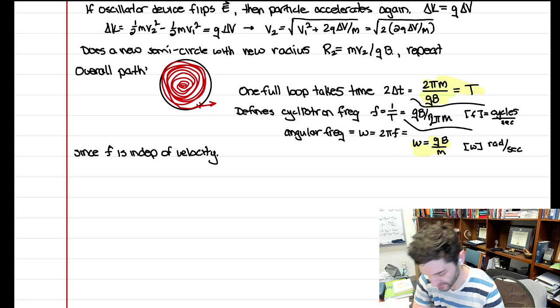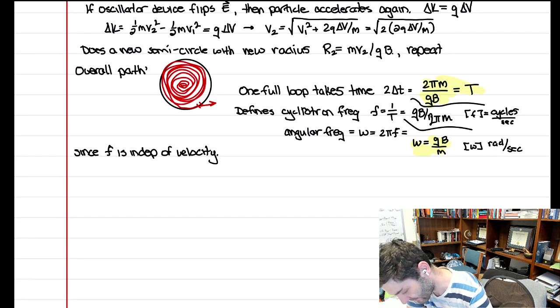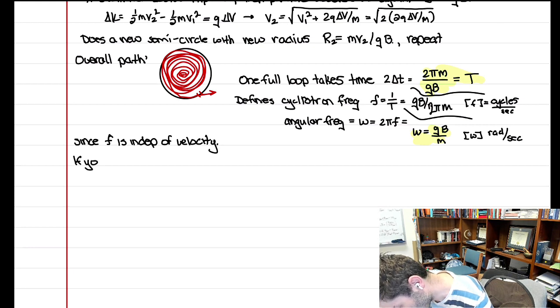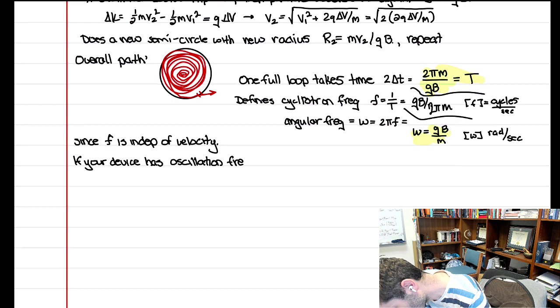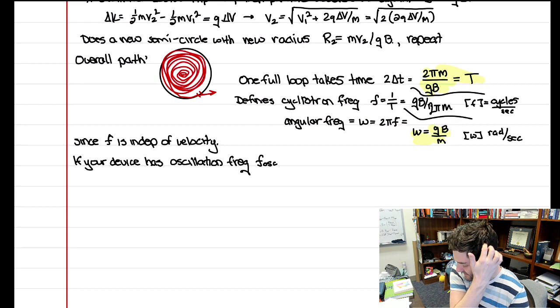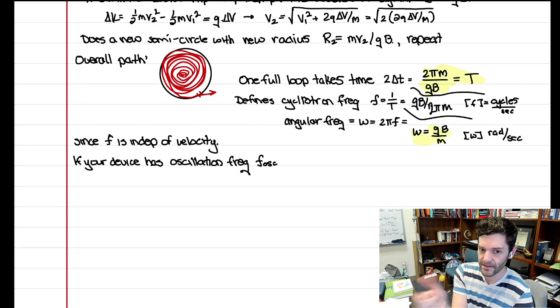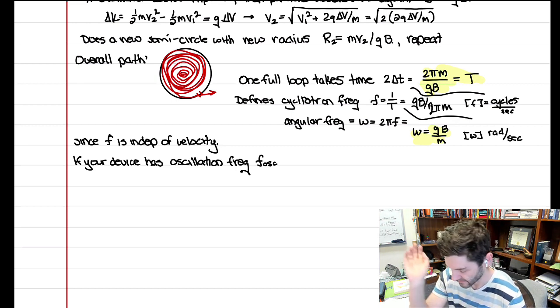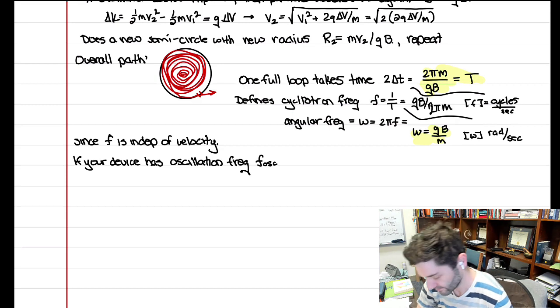So we can use this to set the magnetic field. If your device has an oscillation frequency, we'll say f-osc, if you've built an electronic device that's going to flip the electric field twice every second, or every microsecond, or every 5 seconds, that'd be a very inefficient synchrotron.